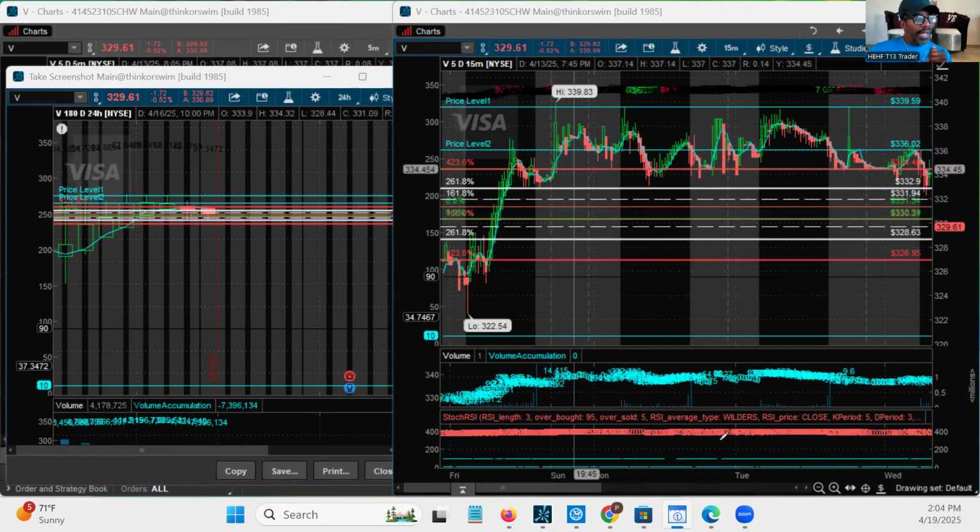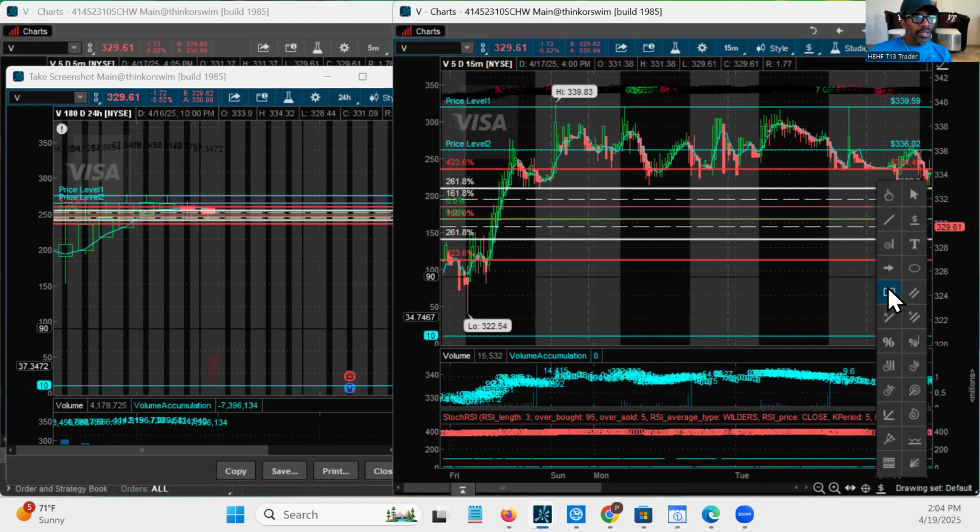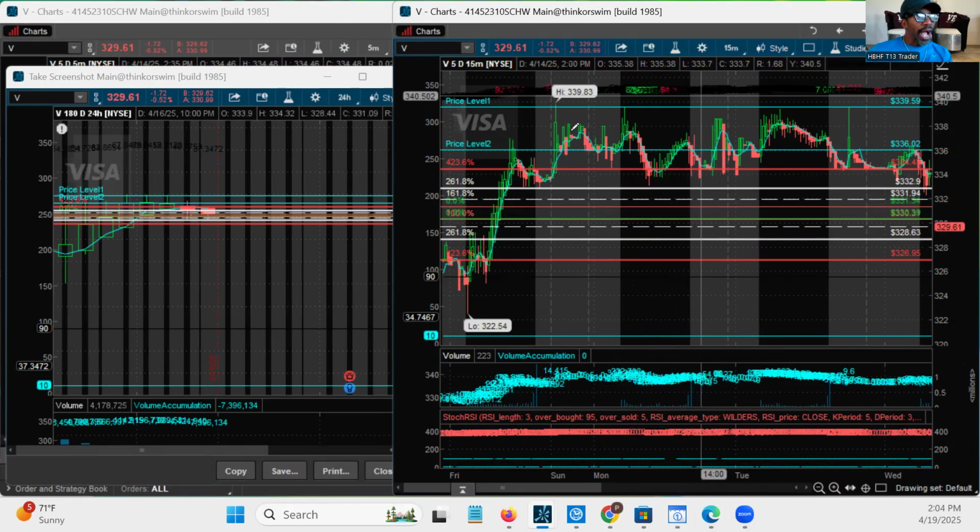When we're looking at this Visa, remember what I said, it has to open up above this 339. What I mean when it opens up above is we're looking for it to create a higher high during our pre-market, a very strong candle.